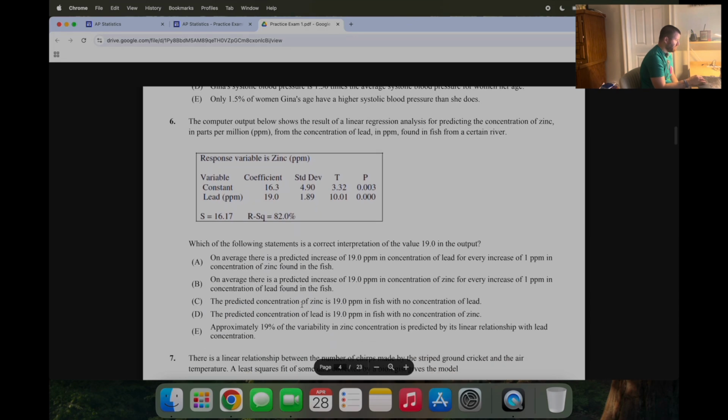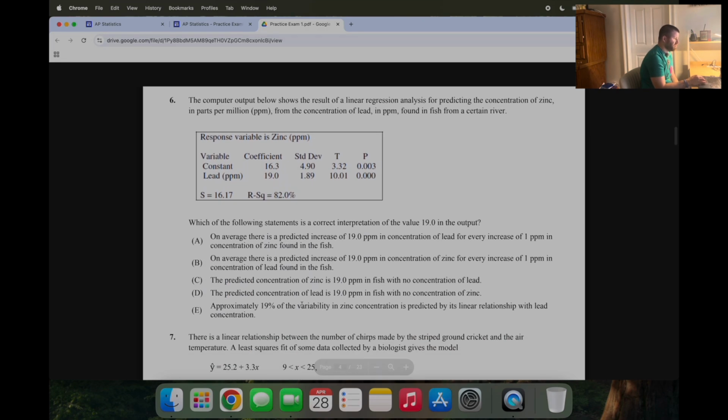So moving down here, for this particular question, number 6, we are asked to interpret the value 19. So notice, I didn't read this question beforehand. I jumped straight down to what is the question? In all reality, I don't care that we're trying to predict the concentration of zinc right at this moment. I'll care when I read the answer choices, but right now I'm looking for what number do I have to interpret.